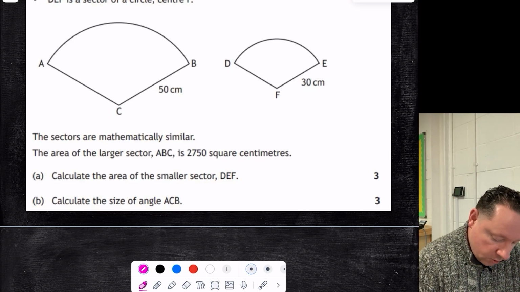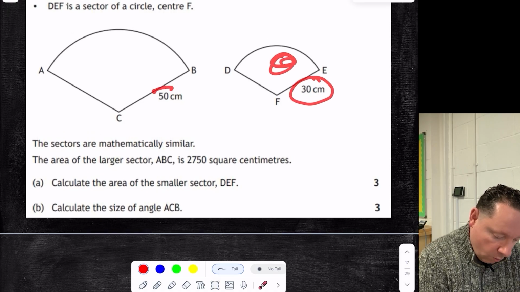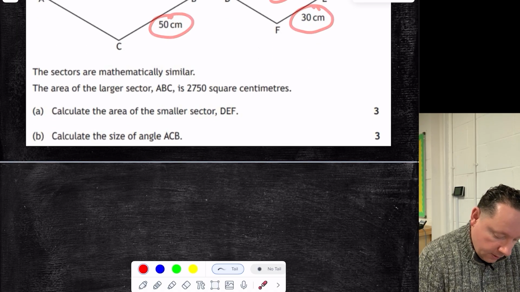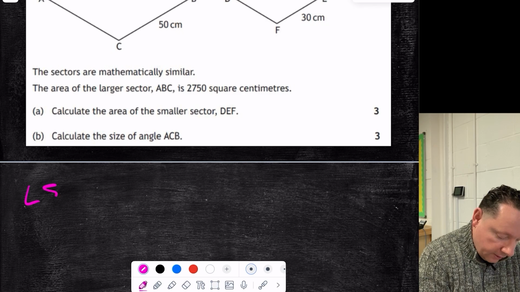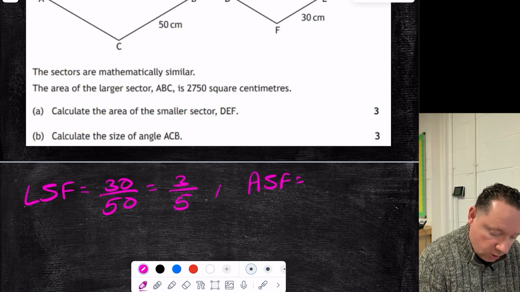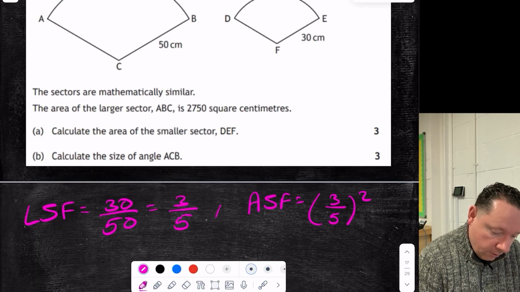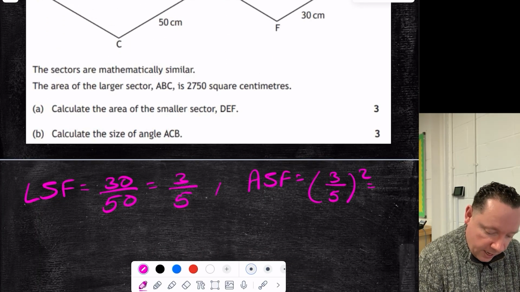So we have to do the smaller one. So we start with the smaller side, 30, over the big side, 50. So our linear scale factor is 30 over 50, or you can simplify that to 3/5 if you want, which means our area scale factor, remember, we'll just square that scale factor, 3/5 squared. Calculator paper, so you can just do 3 3s is 9, 5 5s is 25 in the calculator.